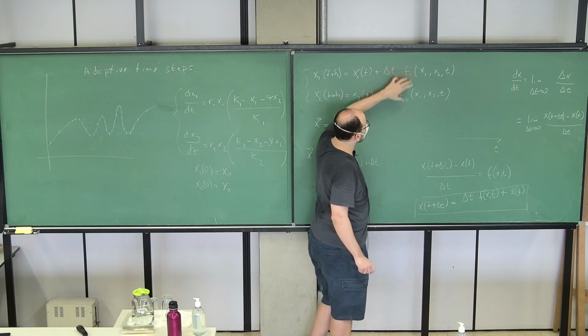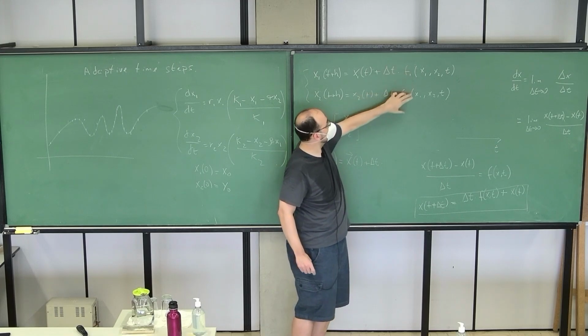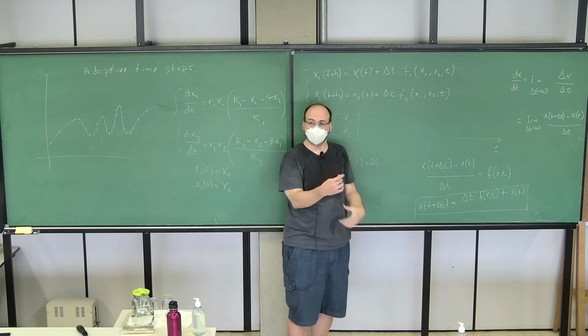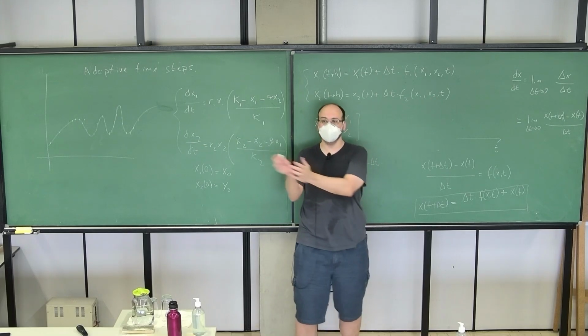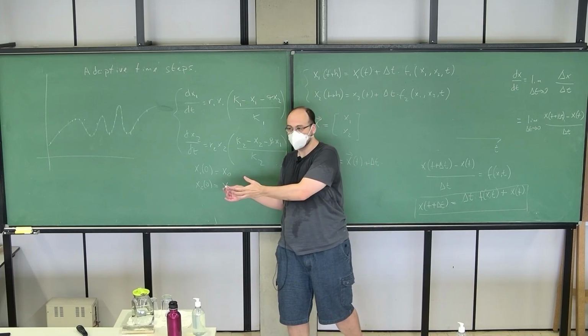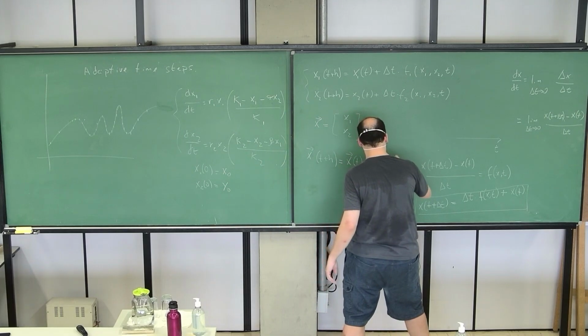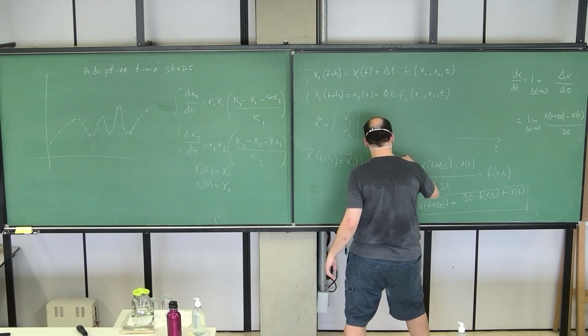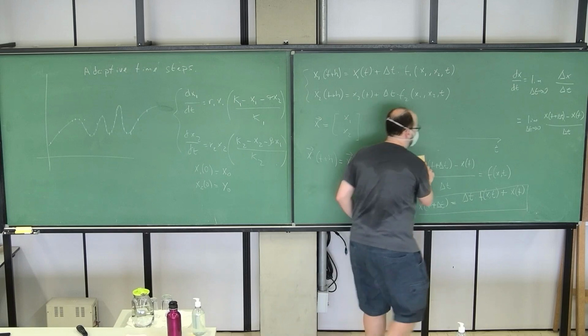what is this now? There's f1 and f2, so this is also a vector. The right-hand side is a function that receives the vector x and returns also a vector with two values. I will write it like this, f of x and t. So what is this f thing over here?